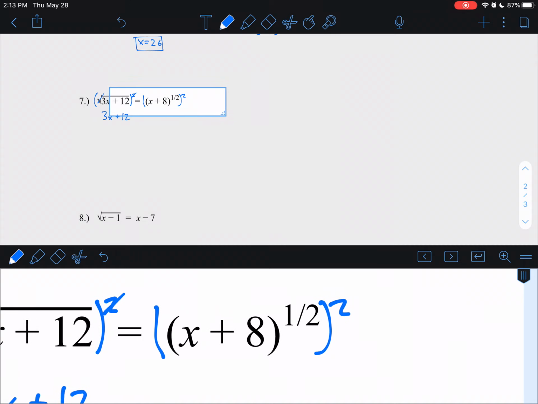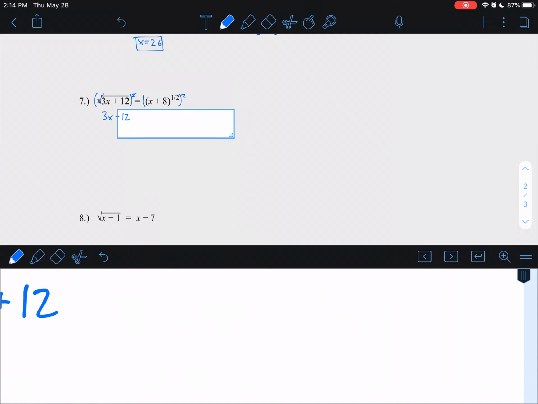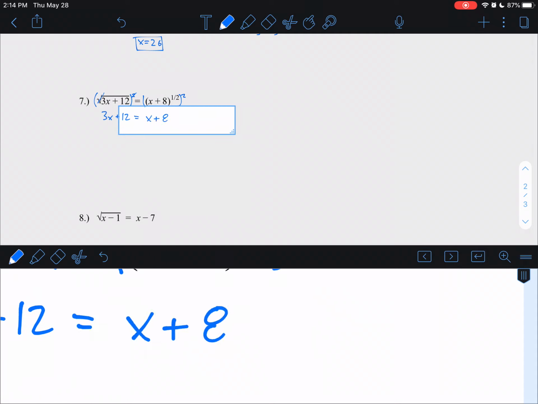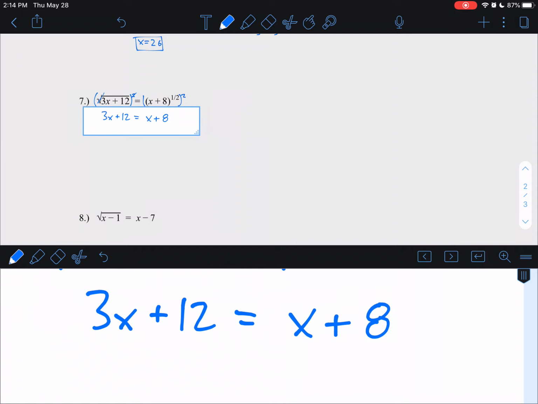But then I have x plus 8 to the 1/2 power to the second power. And 2 times 1/2, I just multiply the exponents together. 2 times 1/2 is just 1. So this is x plus 8 to the first power, which is just x plus 8. So 3x plus 12 equals x plus 8 because the exponents cancel themselves out.